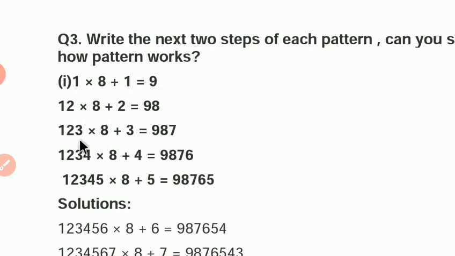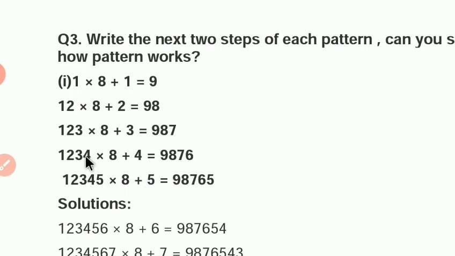So here 1, 2, then 3, and you have to replace this second 2 by 3, and here 9, 8, 7. It means we have to decrease the number. Then again a number is increasing by 4, then we have to replace 3 by 4, and here after 7, 6.